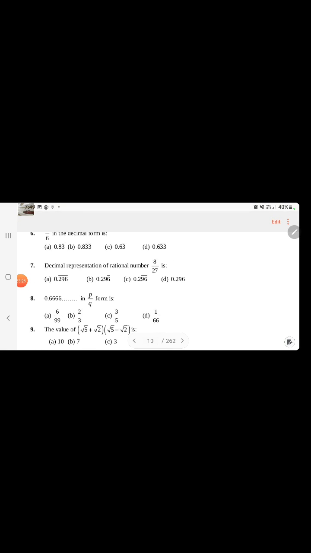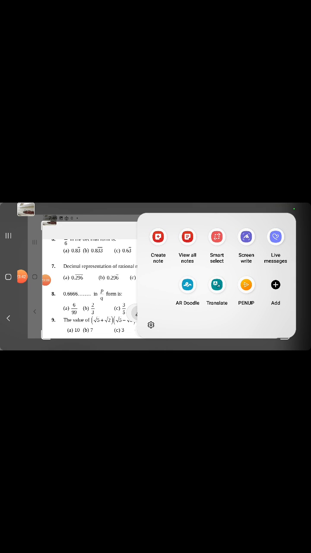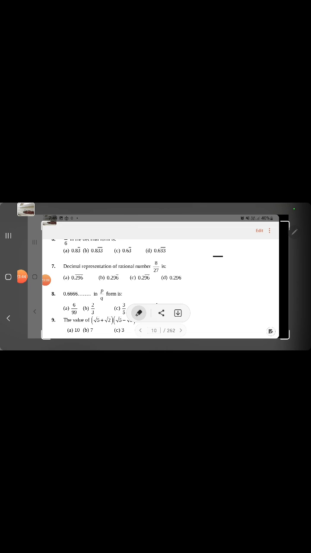Now let's go to the next problem. Decimal representation of the rational number 8 by 27. Okay, so decimal expansion, divide 8 by 27.